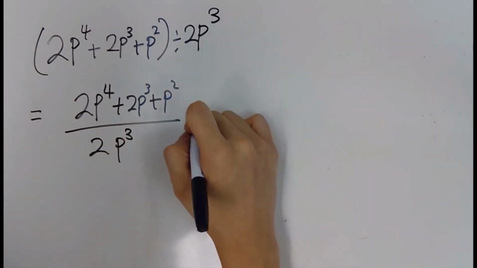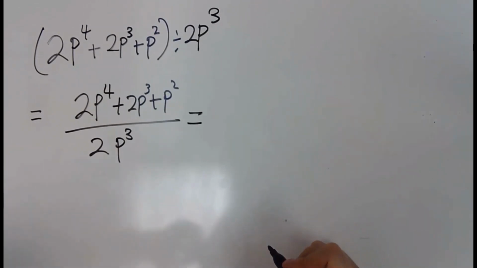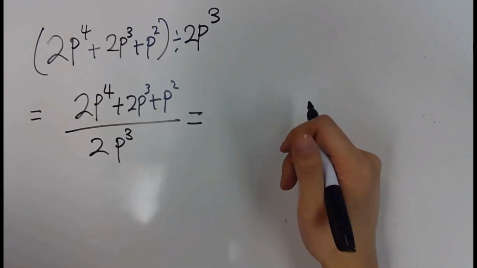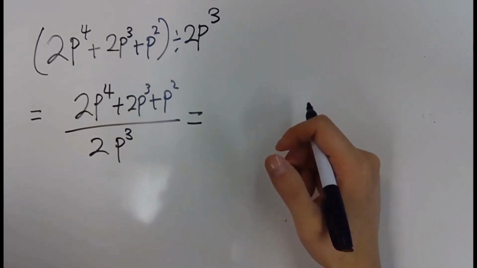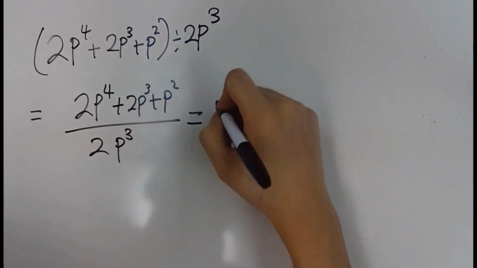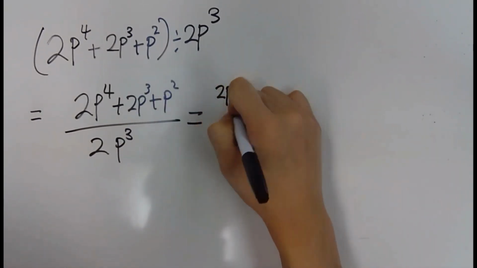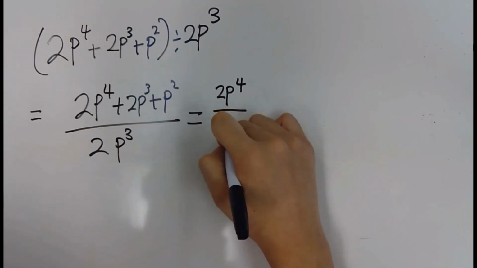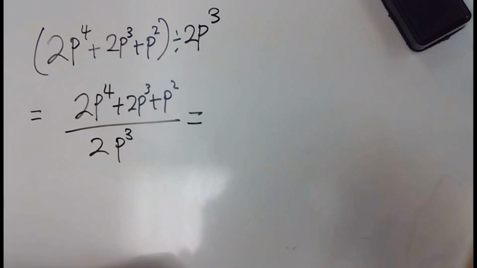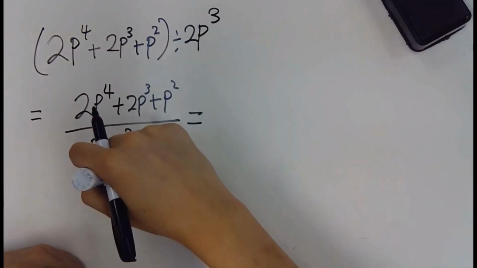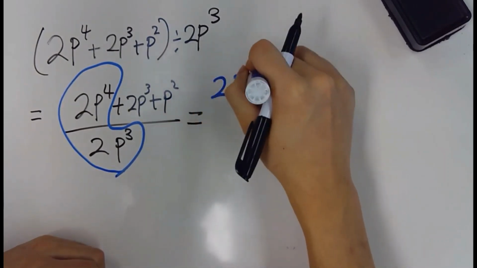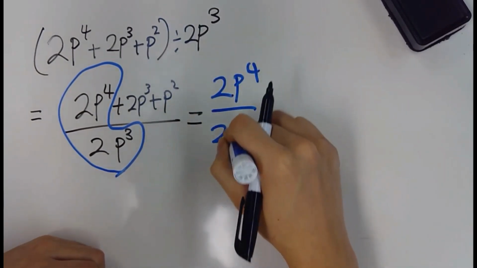And we have just learned that 1 plus 2 plus 3 over 4 is the same as 1 over 4 plus 2 over 4 plus 3 over 4. So that means I can separate this into 3 different fractions. So this part will be rewritten as 2p to the power 4 over 2p cubed.